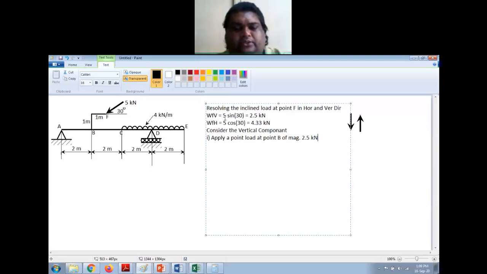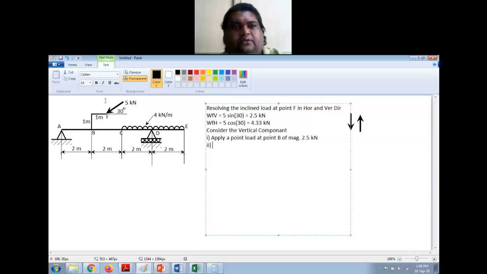Second thing we do is, this vertical force is acting at a distance of 1 meter from B. So because of which it is acting like this. So it is a clockwise moment. So force into distance will be the value of that couple.